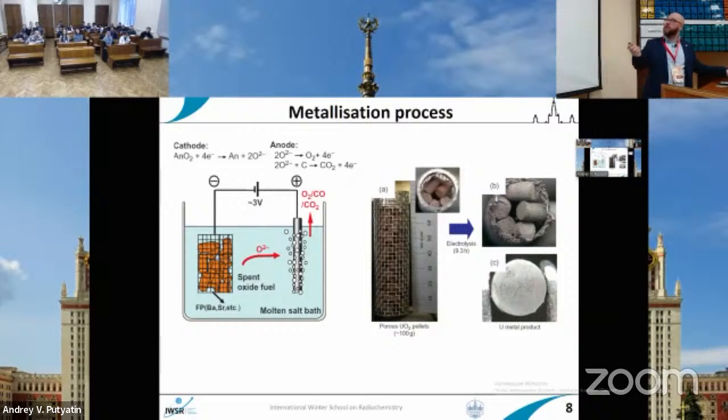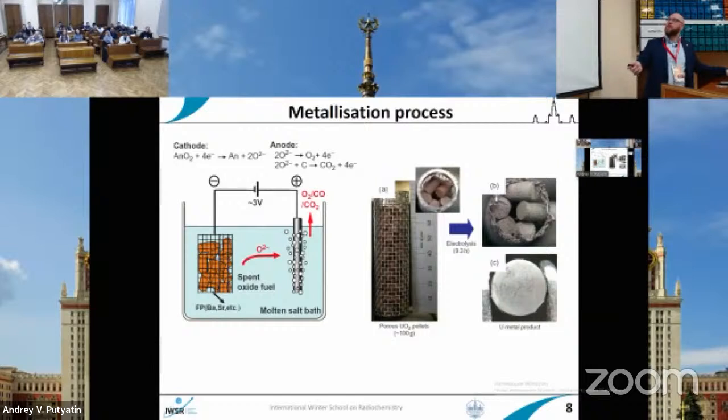It is known that uranium dioxide, plutonium dioxide, and other actinide dioxide materials behave like metals in molten salts. They have a high conductivity, and they can be transferred, as we will see later, to the anode.